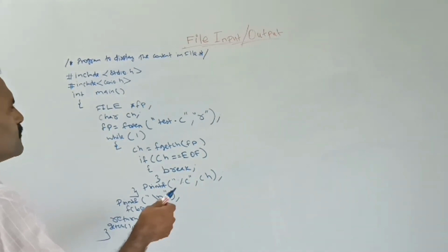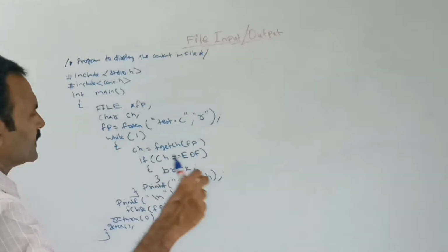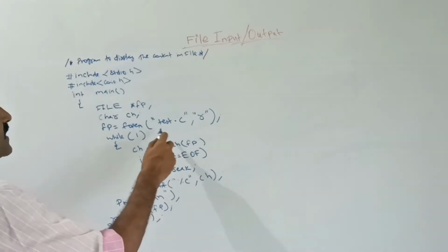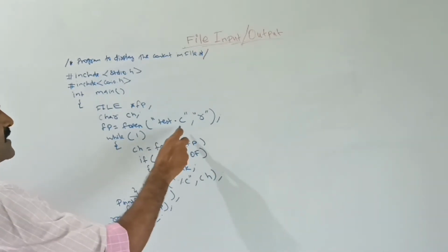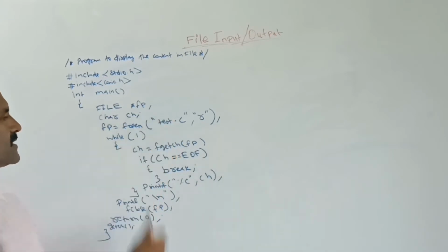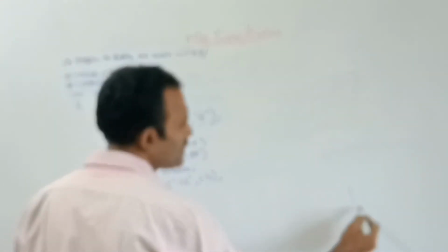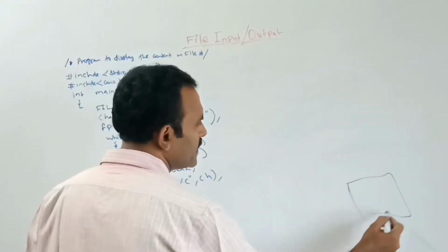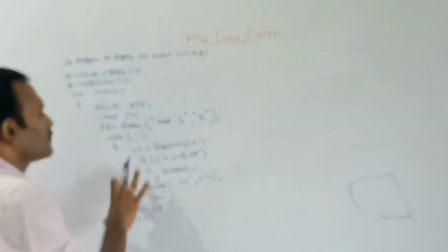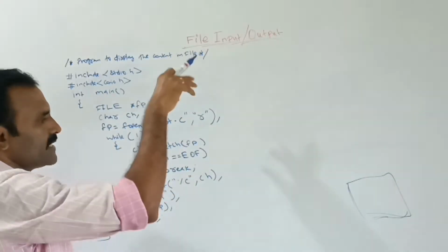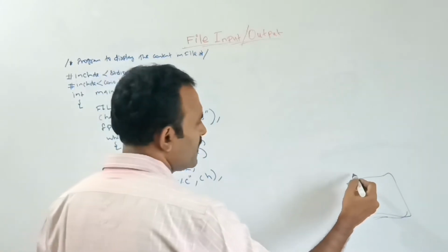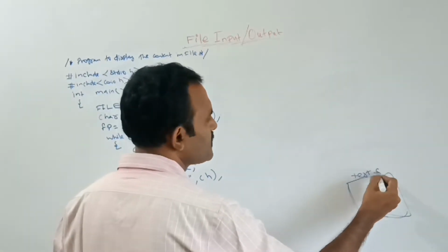This is very simple, we are just displaying the content inside the file. Before that, we should have the file in the current directory, that is test.c. Suppose you are having the file in the same directory where you are saving this program, in the same location, with the file name test.c.